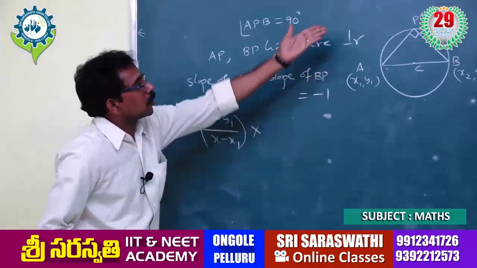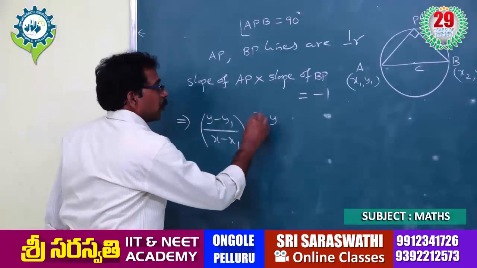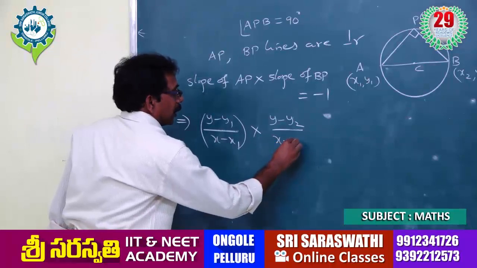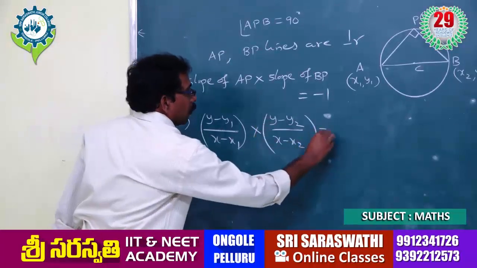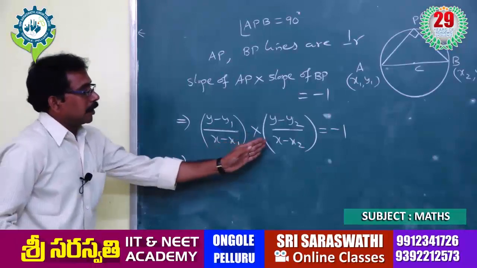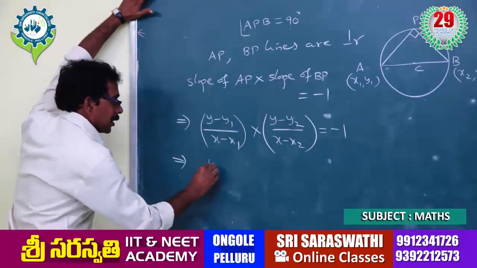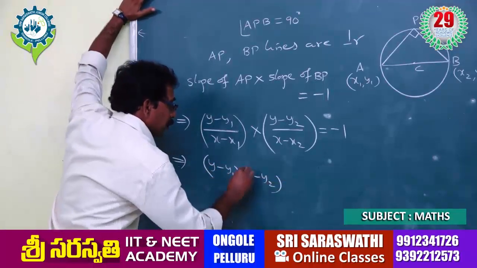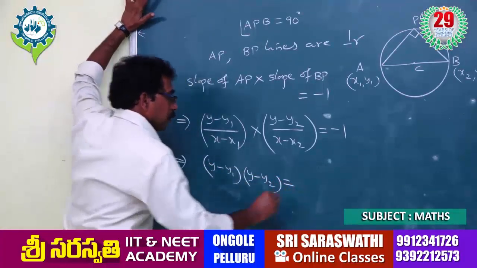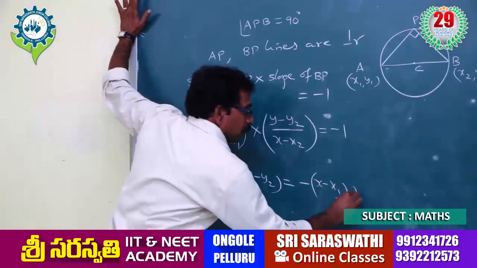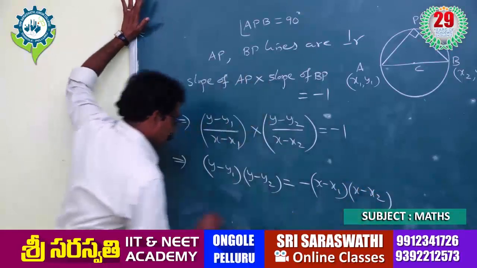Slope of BP, same formula, y minus y2 by x minus x2, is equal to minus 1. The denominator must be taken to that side, hence y minus y1 into y minus y2 is equal to minus of x minus x1 into x minus x2.